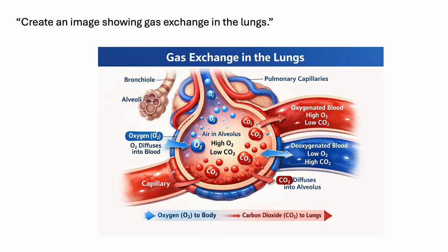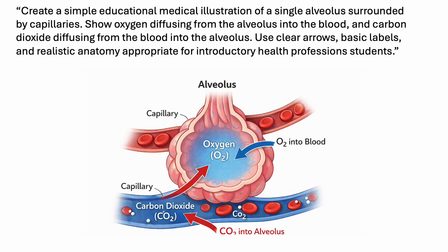Now, according to ChatGPT, what it told me is this prompt that I'm giving is way too broad. I needed it to be more specific. And so this was the more specific prompt it encouraged me to use. And it said that maybe it has to be a simple educational medical illustration because I said it's for a HPE context.